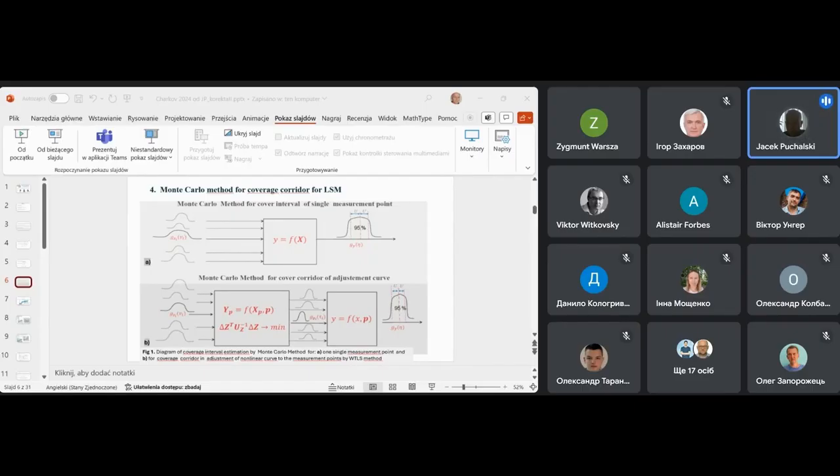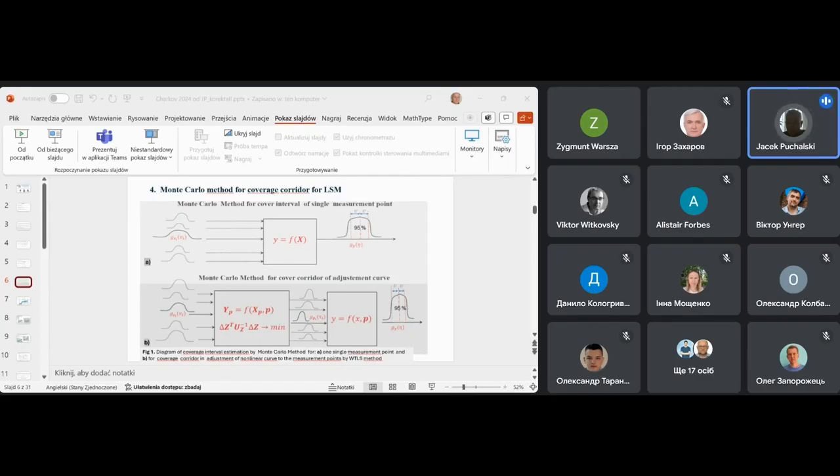And if you want to estimate the coverage region for a given x in the simple explicit function, first you must obtain the whole distribution for all parameters.